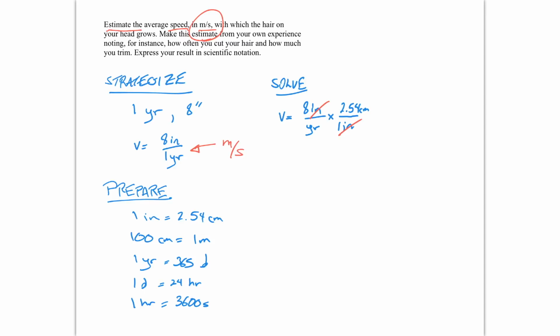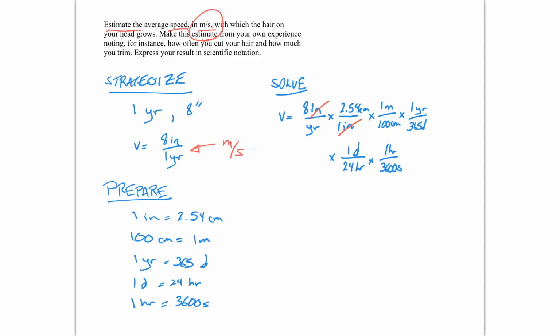So we'll just multiply by a series of factors. So we'll have 1 meter is equal to 100 centimeters, and we know that 1 year is equal to 365 days, and we know that 1 day is equal to 24 hours, and we know that 1 hour is equal to 3,600 seconds.